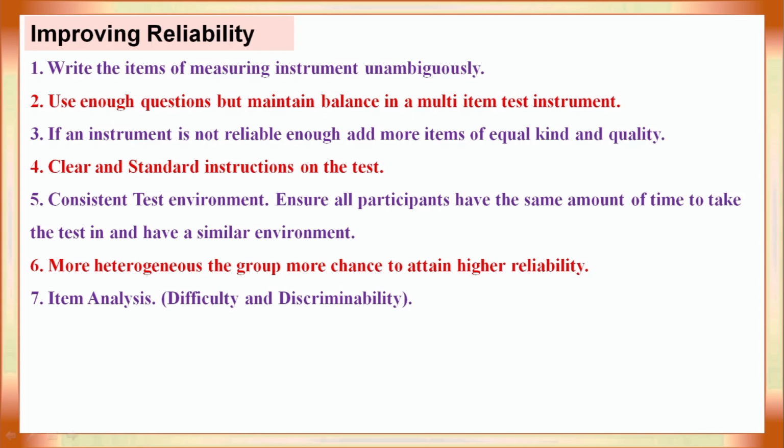And the last one is item analysis. That means items should be included in the scale based on the analysis of difficulty and discriminability. Discriminability means how much a particular item can differentiate between two persons who hold different psychological attributes. If it is knowledge, how much it can differentiate between a person with low knowledge and one with higher knowledge.